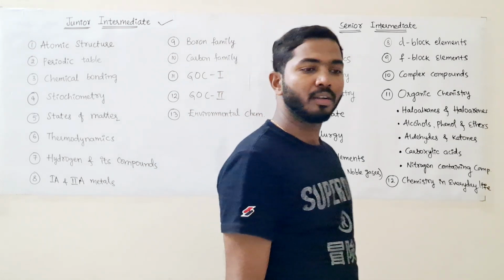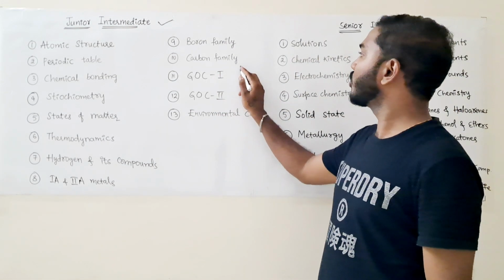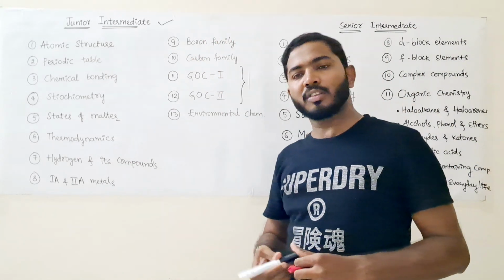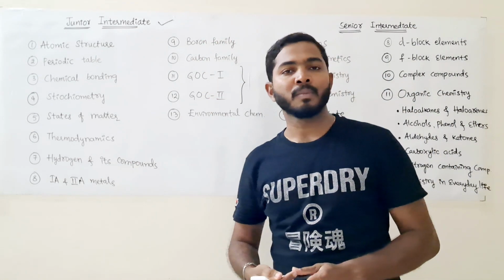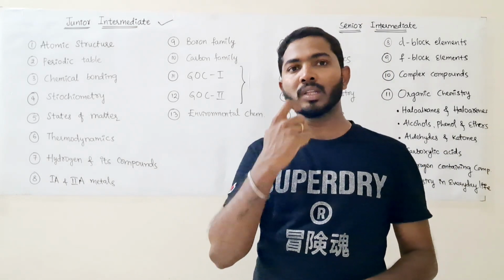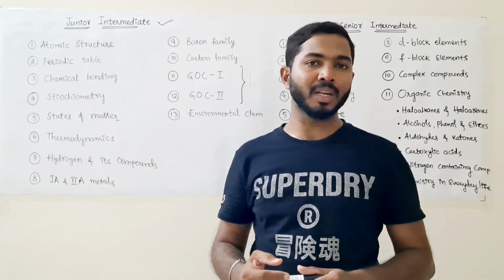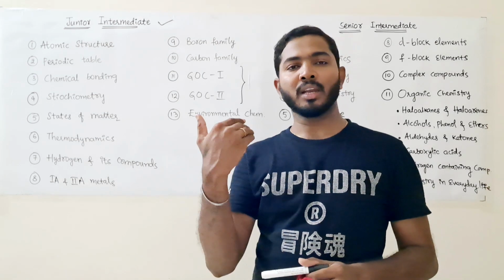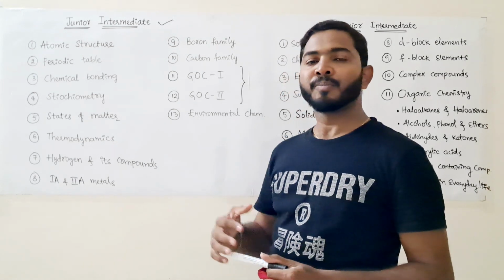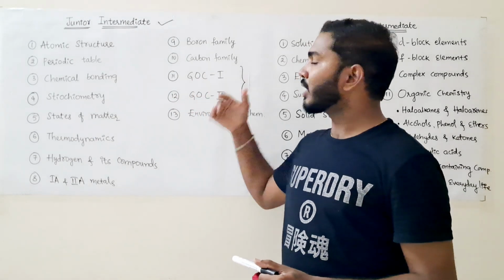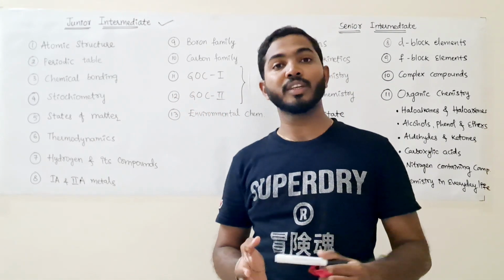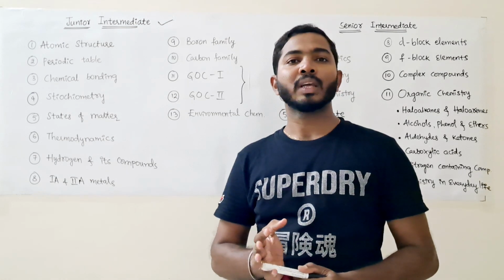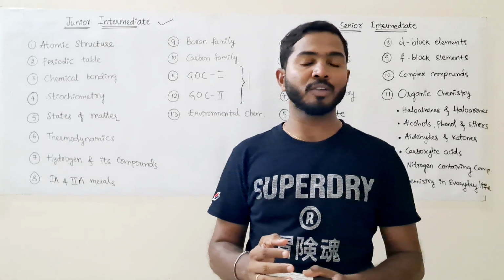So better we give more priority to the GOC1 and GOC2 of junior intermediate, because in general, in organic chemistry 1, we will be discussing the IUPAC nomenclature, and then isomerism, and after isomerism, we have reaction intermediates and types of organic reactions, and then even types of attacking reagents also.